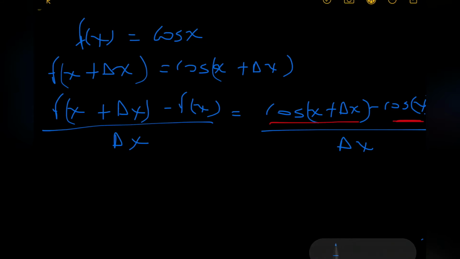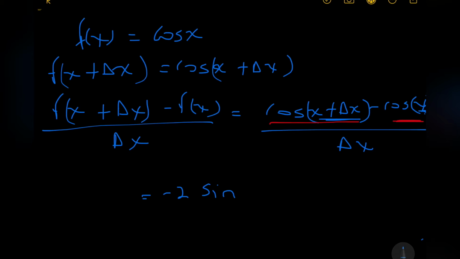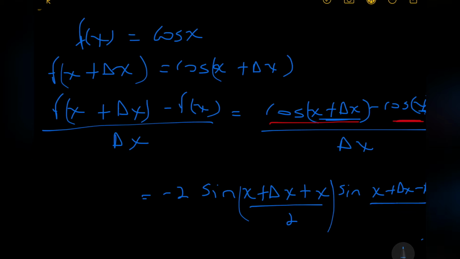So we have negative 2 sine of x plus delta x plus x, all over 2, times sine of x plus delta x minus x over 2. And all of this is over delta x.